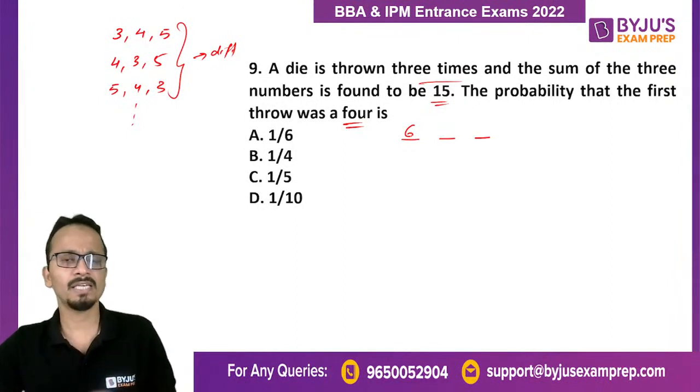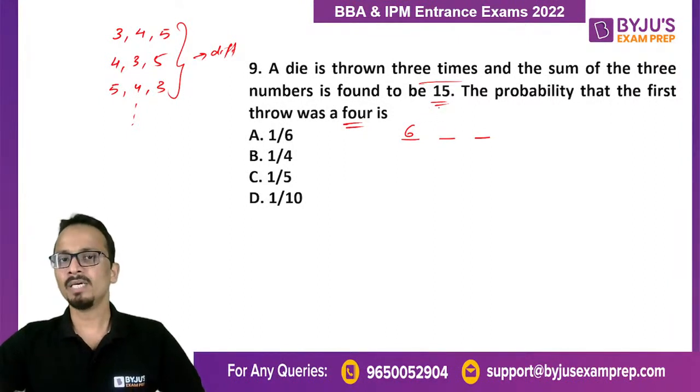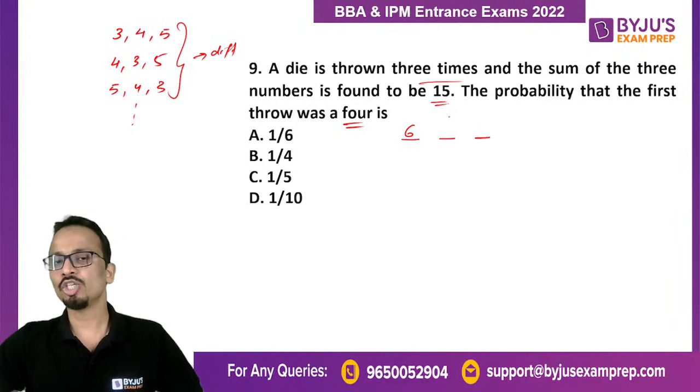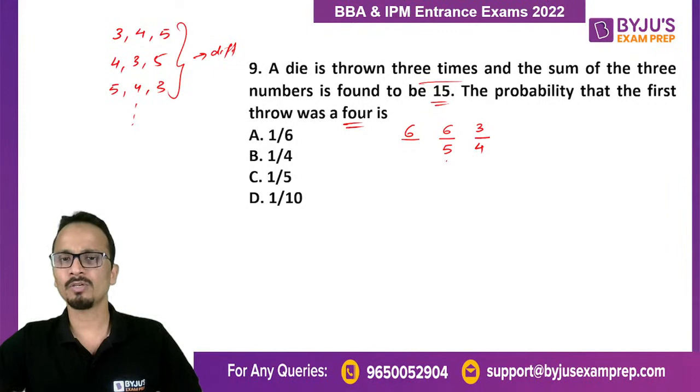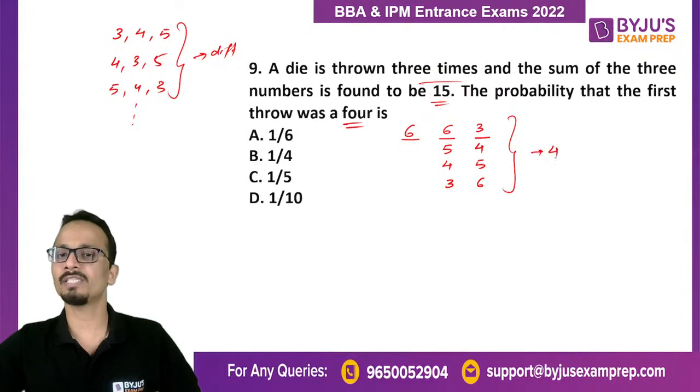So 6 is on the first die. Sum should be 15, so 9 is the sum that is left for the remaining 2 dice. It can be formed in the way 6 plus 3, 5 plus 4, 4 plus 5, or 3 plus 6. So a total of 4 cases which are starting with 6.